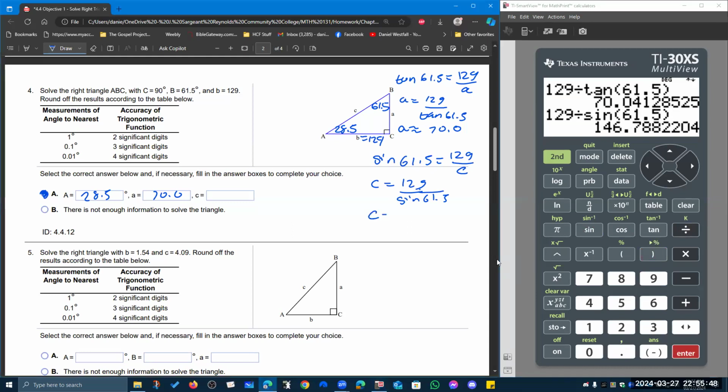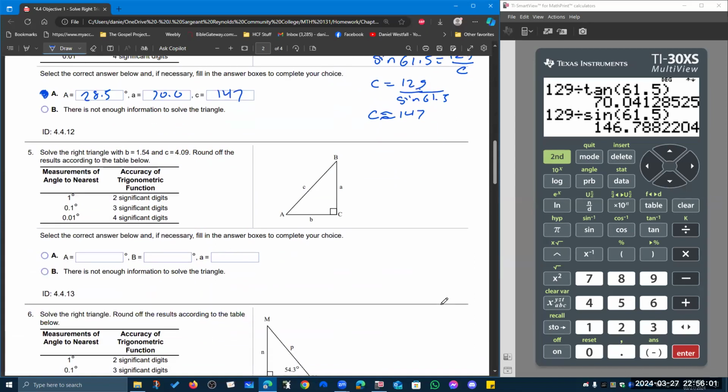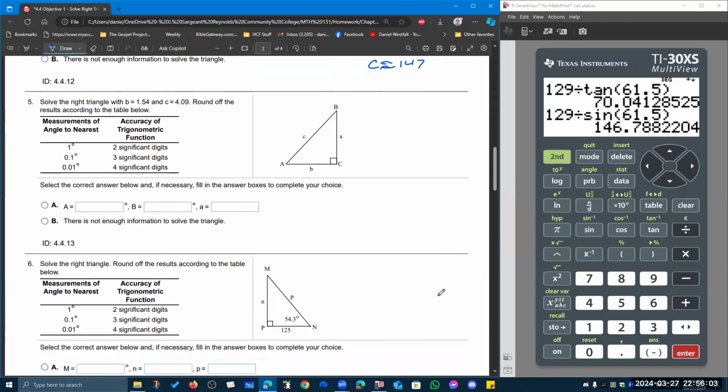This is C is equal to, and then we're going to three significant figures, so it's about 147. B is 1.54. C is 4.09.